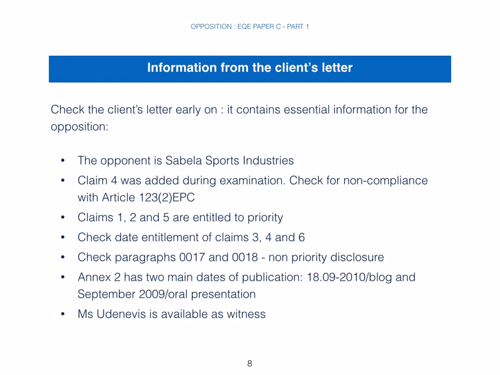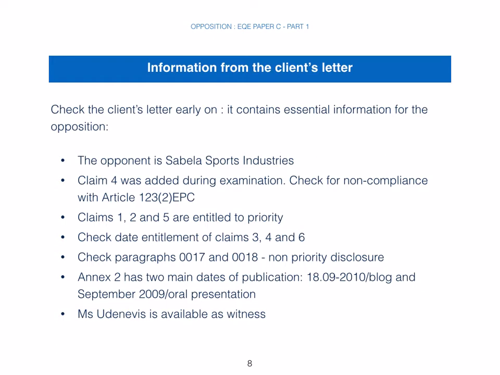Claims 1, 2, and 5, although the wording is a little bit roundabout, are entitled to priority, and it's up to us to check the date entitlement of claims 3, 4, and 6.